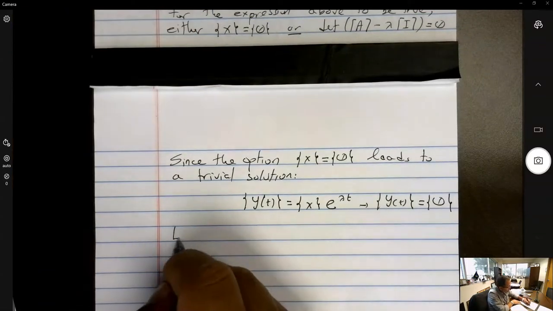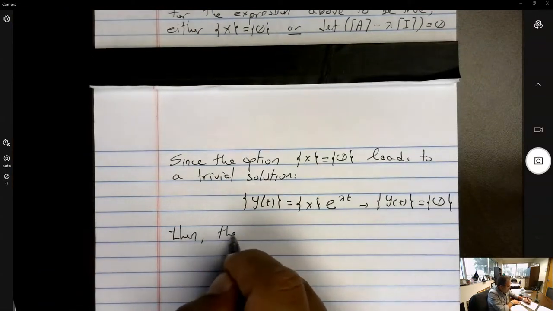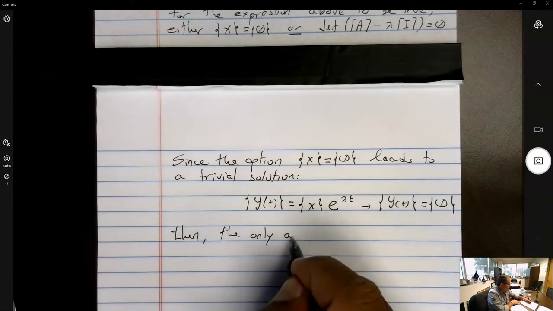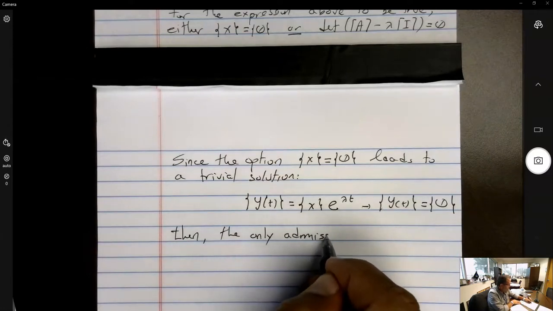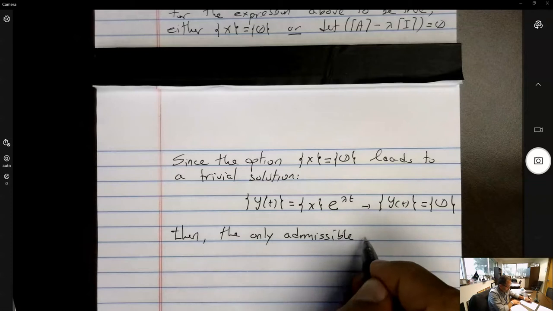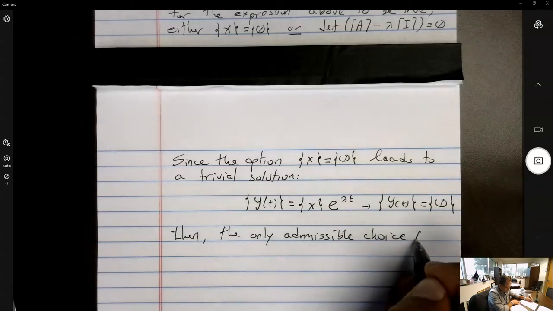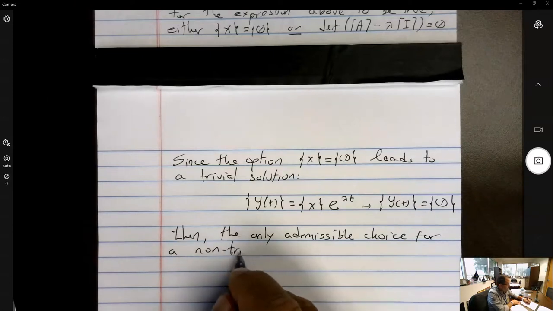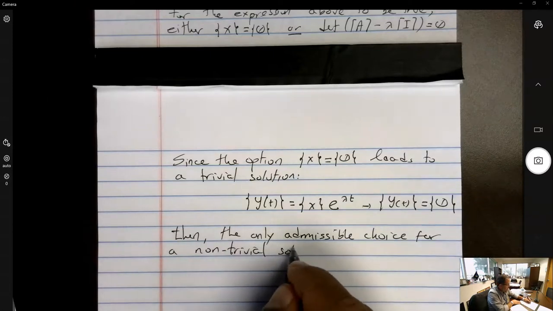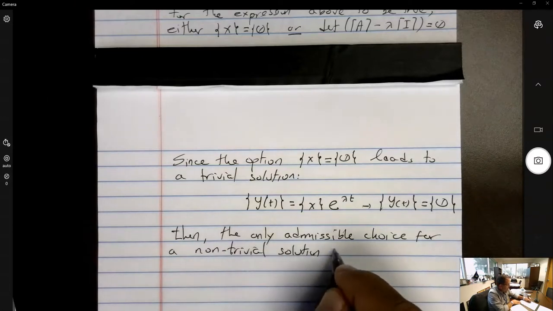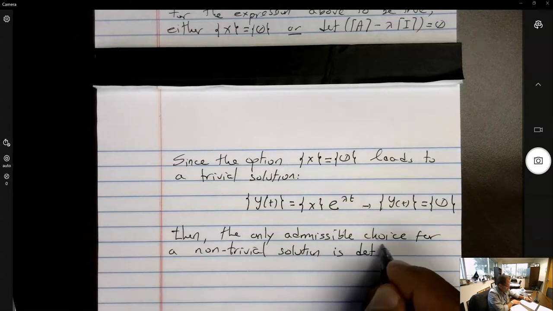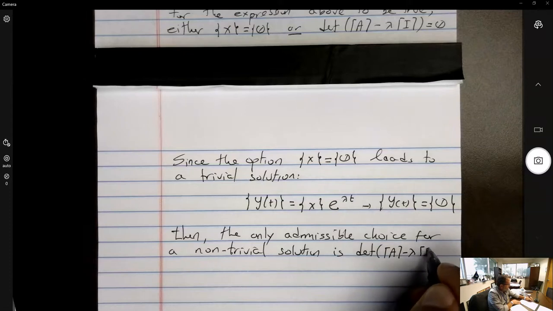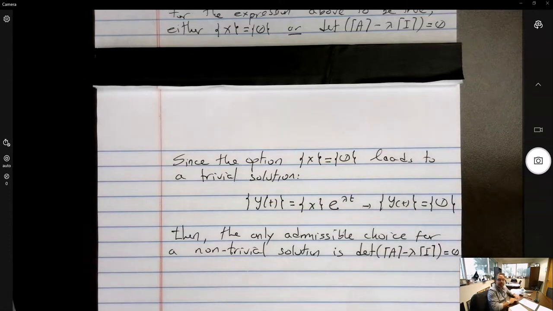Then the only admissible choice for a non-trivial solution is that the determinant of A minus lambda I should be 0.